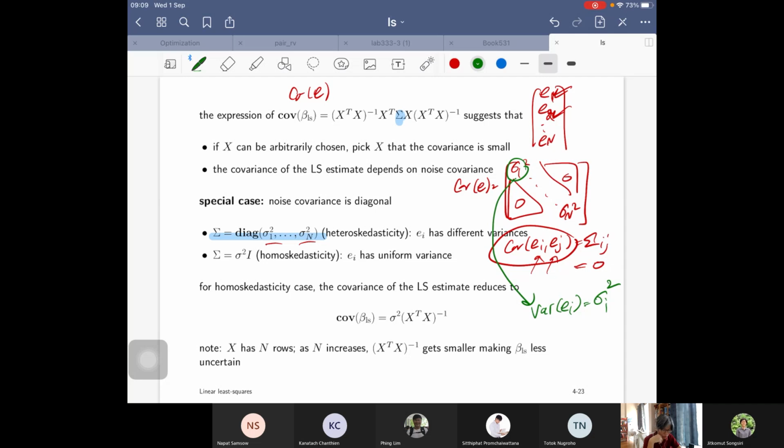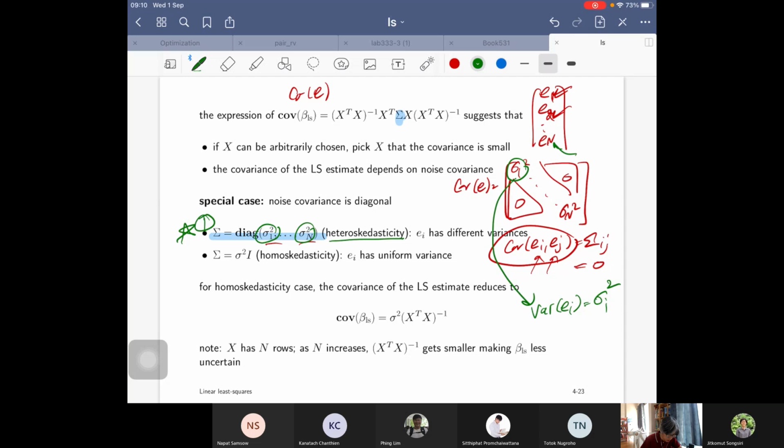It can be from the sensor. You can calibrate the sensor, and maybe the scaling in the sensor will be changed, and that gives you different variance across the samples. That is the first case, the first bullet, because the noise variances are not the same.